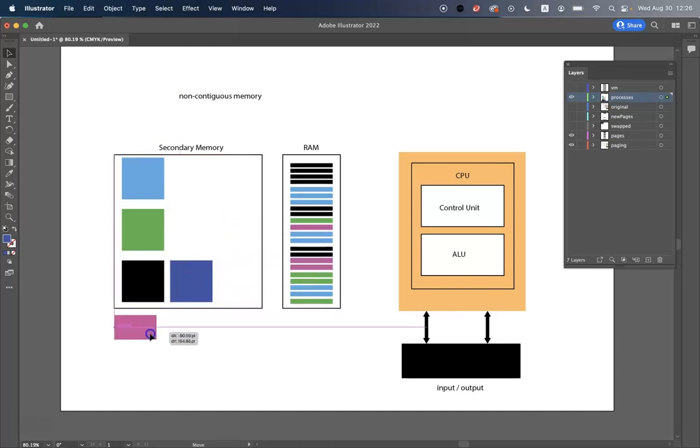So what the computer operating system is going to do is identify any of the idle processes or processes that haven't been used recently, and store them in secondary memory. Okay?